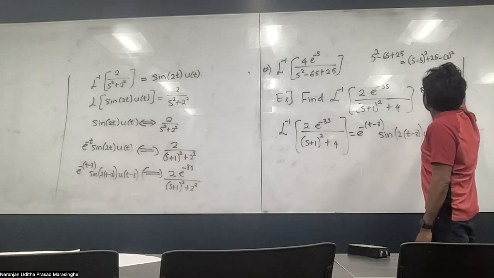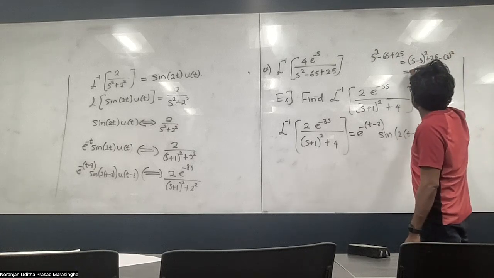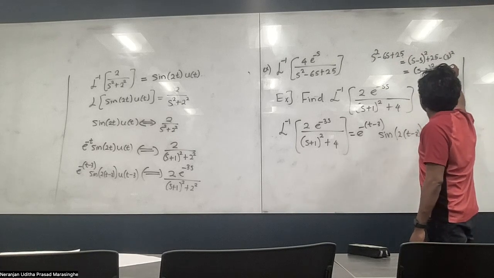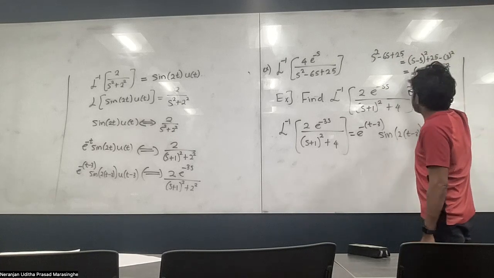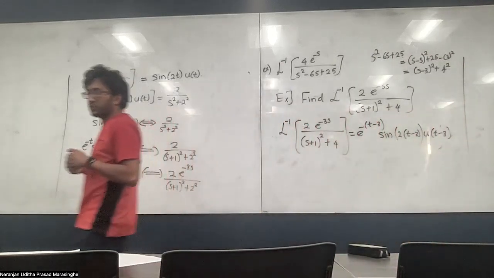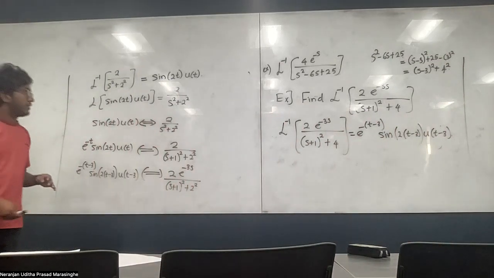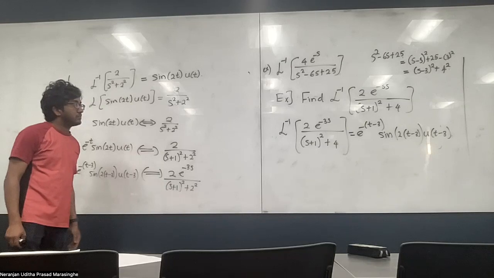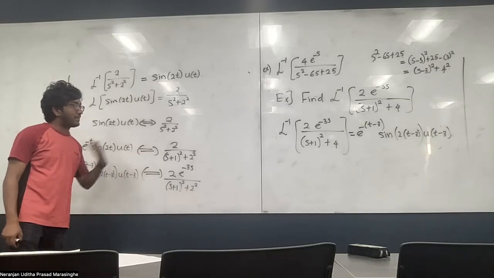Okay, what is 25 minus 9? That is 16. So in the denominator, you have this expression s minus 3 to the power 2 plus 4 square. Okay, right. Then apply the same principles that I used. Right. Try to start from the easiest one and continue.